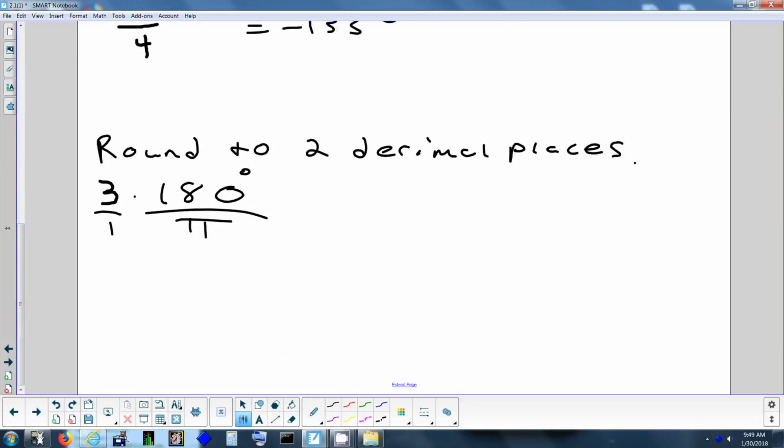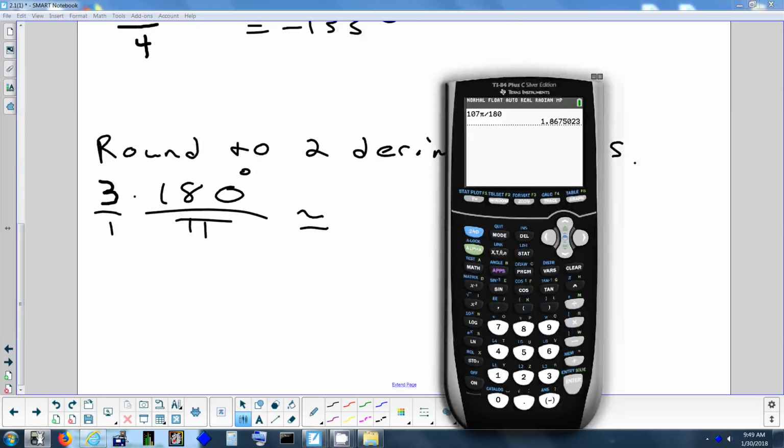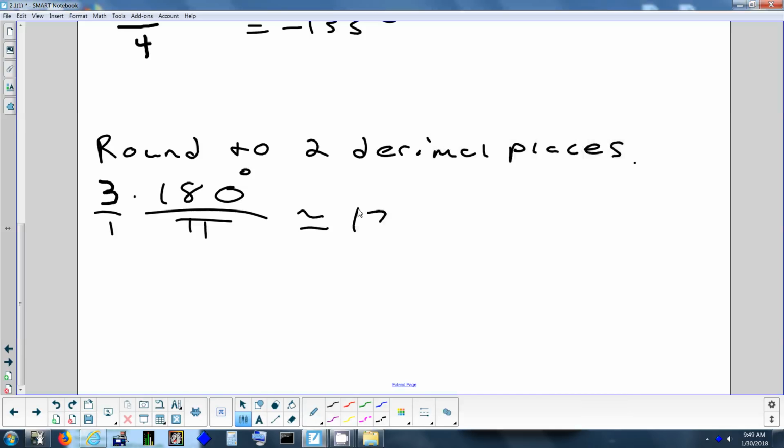This time, though, the pi's don't cancel because there is no other pi. So we just have to type that all in and see what we get. So we've got 3 times 180, that's 540. And then 540 divided by pi. I get 171.89. And remember, we're changing to degrees, so put that symbol.